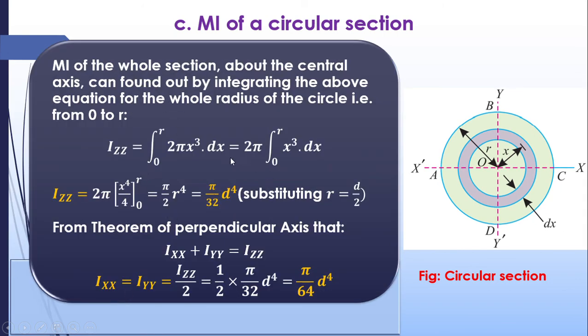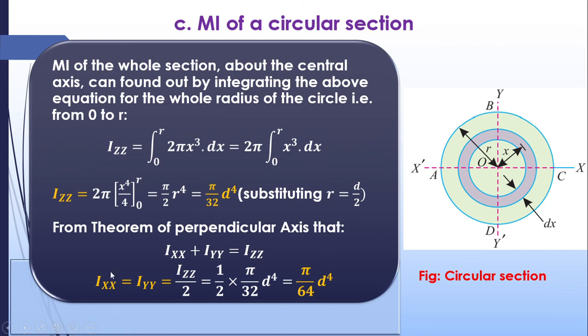You will finally get pi by 2 r raised to 4, or you can write it as pi by 32 d raised to 4. So about the z-axis the moment of inertia is found to be pi by 32 d raised to 4. Now about the x and y axes, by using the perpendicular axis theorem, it will be half of whatever we got here.